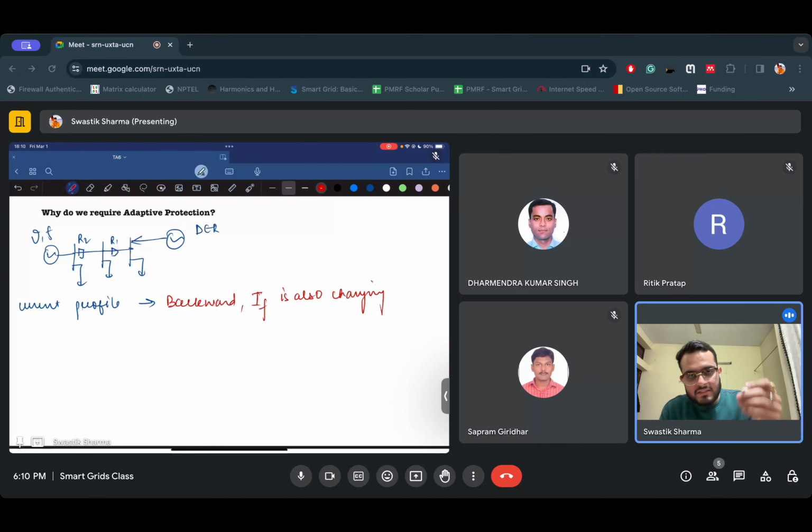If this fault current is changing, how will the relay sense this change? Because this relay needs to operate in such a way that when the fault current exceeds a certain threshold, for a particular amount of time, it should be able to cut down that line, that system, so that the whole other part of the system remains intact, remains healthy.